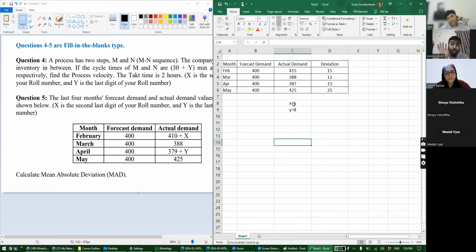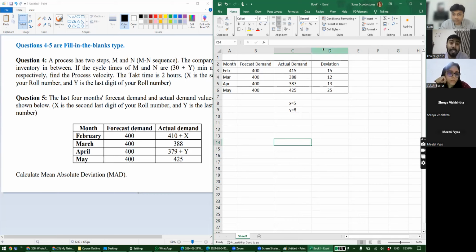When we are talking about a deviation or excess demand, they are forecasting 400 bikes, but the demand is actually 415. So deviation is nothing but the difference between the two. Whether it is minus or plus doesn't matter because we are talking about absolute.